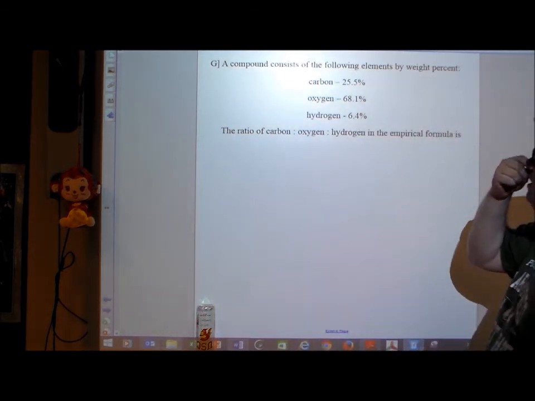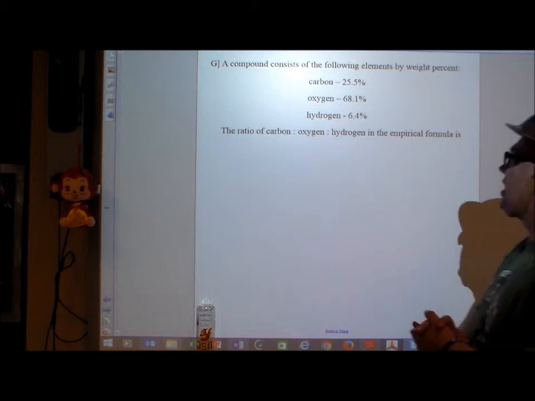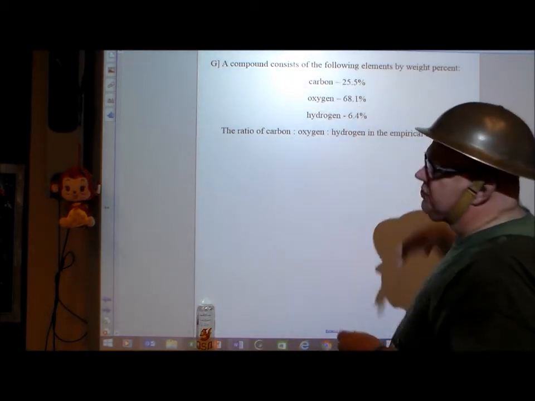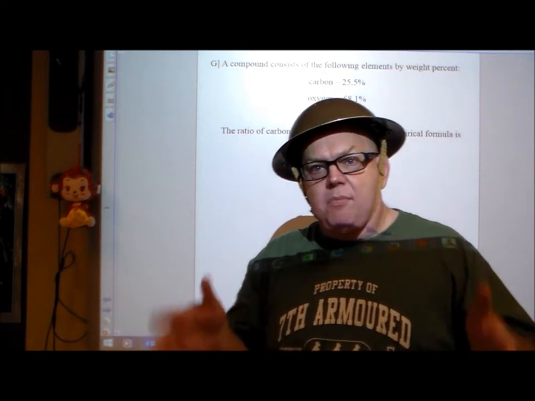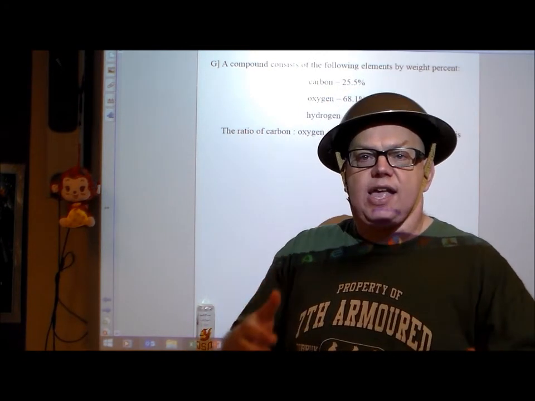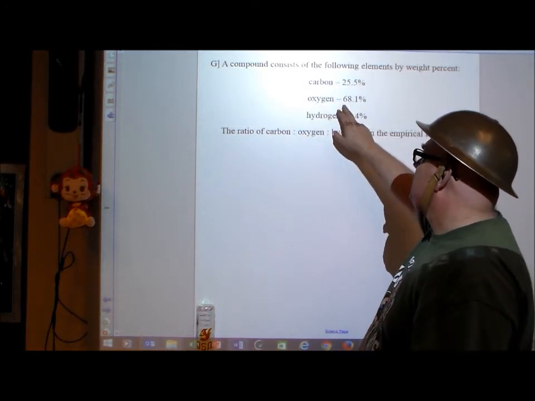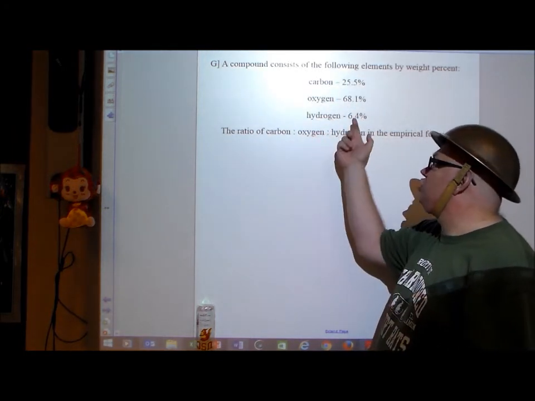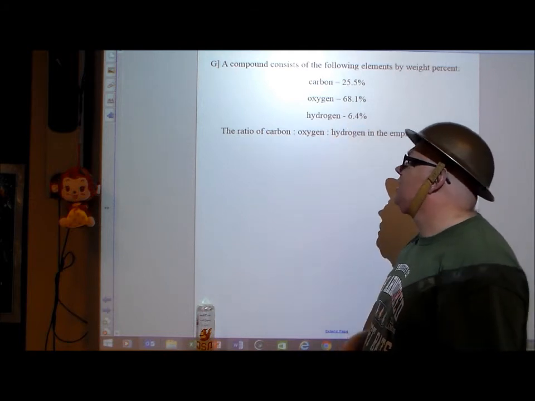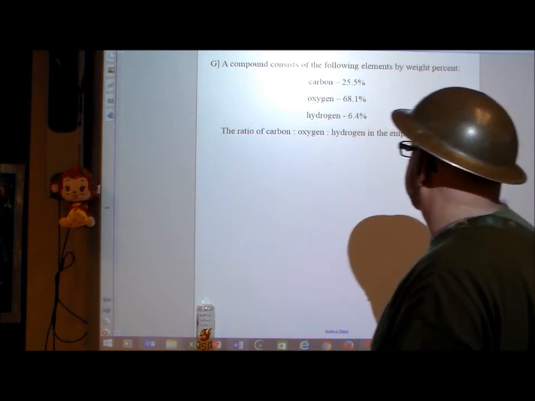Okay. So we have a compound that consists of the following elements by weight percent. What do we mean by weight percent? In other words, we have a mass of this chemical compound and we've analyzed it. Of this mass, 25.5% is carbon, 68.1% is oxygen, and 6.4% is hydrogen. Okay, pretty straightforward for the composition.